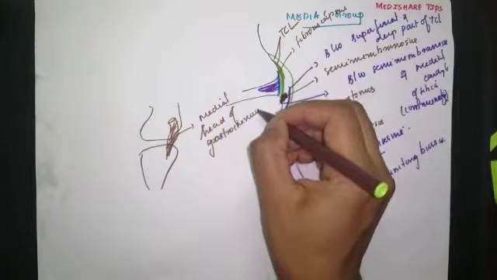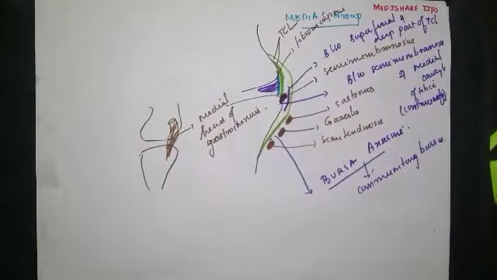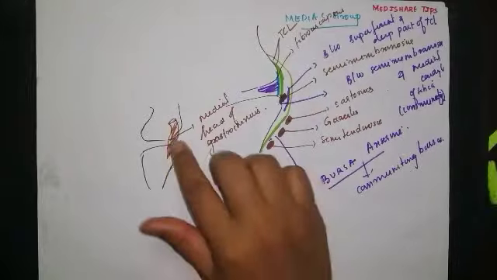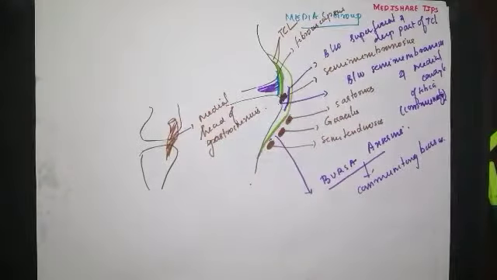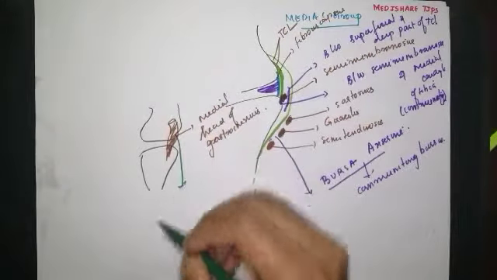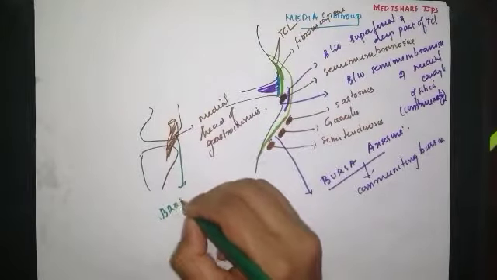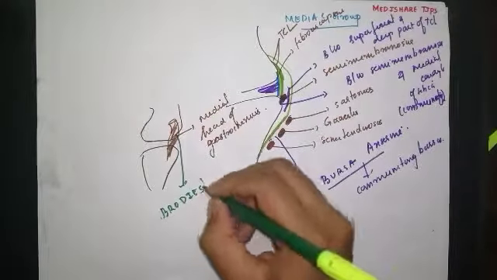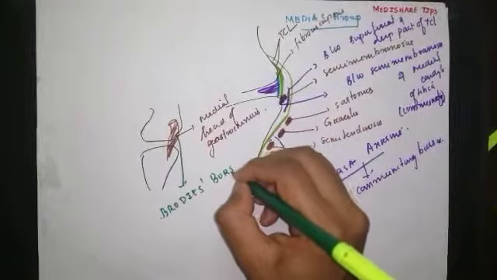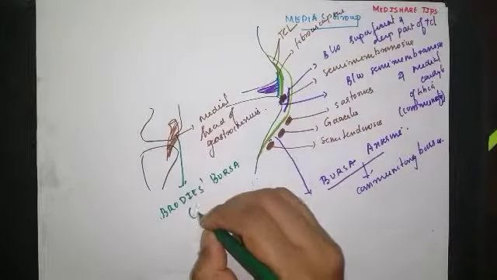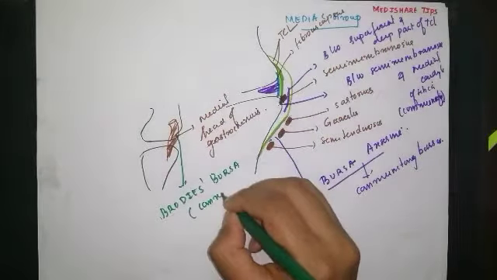There is a bursa between the medial head of gastrocnemius and the fibrous capsule. That bursa is known as Brodie's bursa. It is also communicating with the joint cavity.